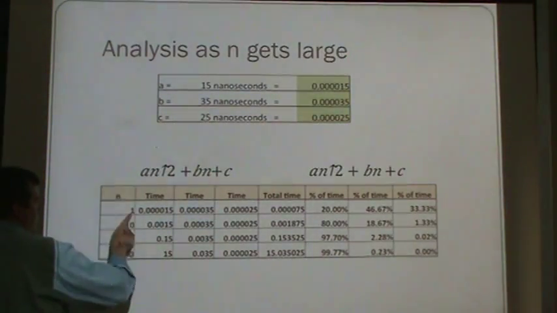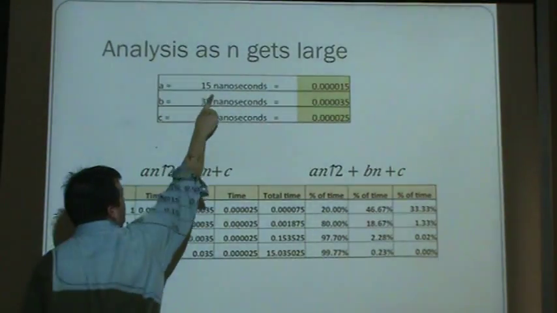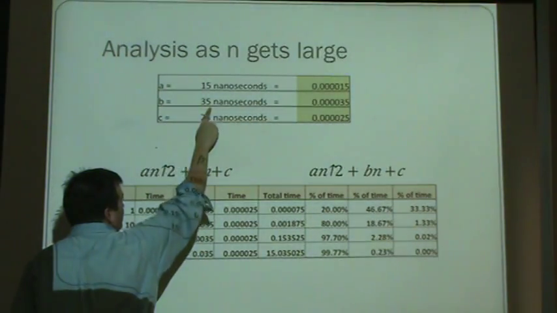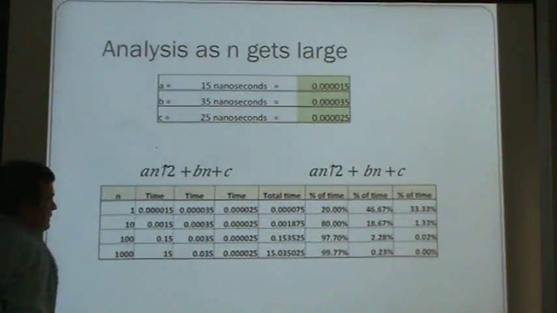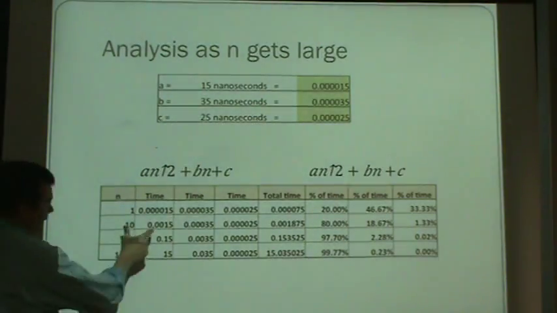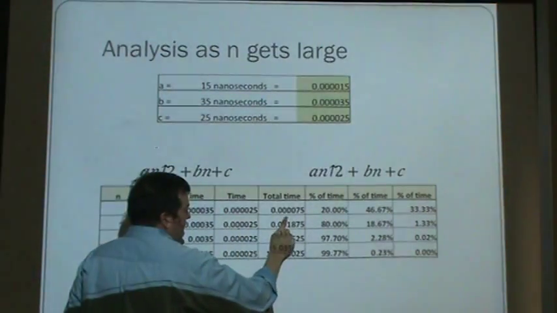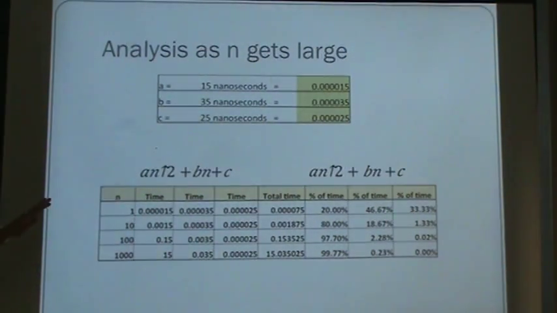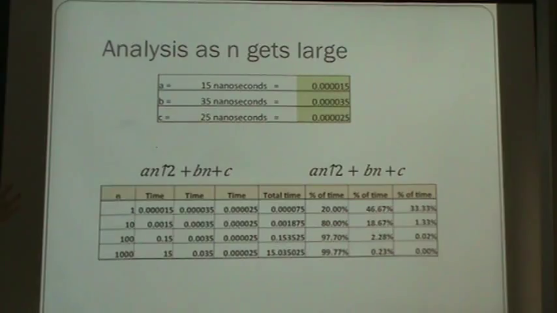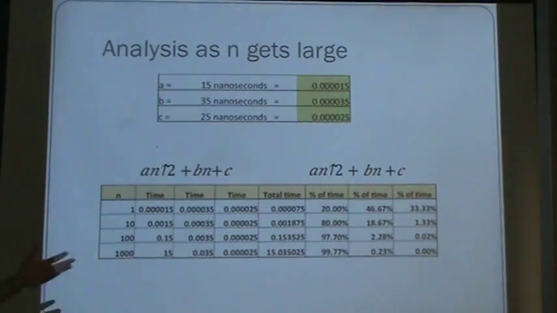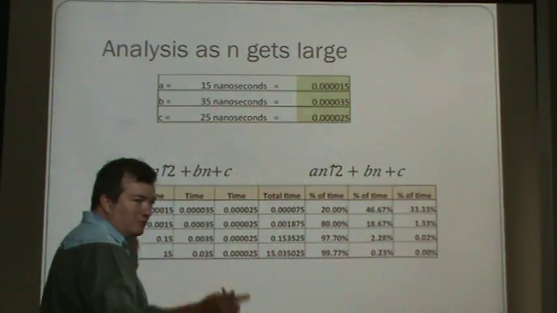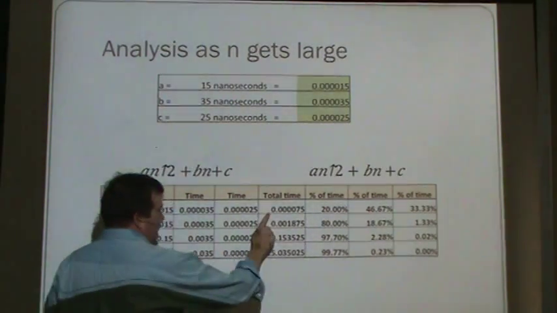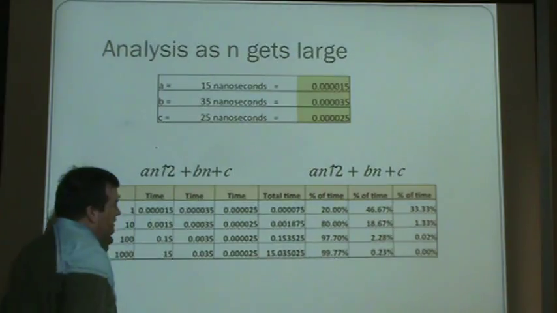Well, it would be 1 times 15 plus 1 times 35 plus 25, which would add up to 75 nanoseconds, right? If we ran your algorithm on an array of size 1, it's kind of pointless to sort an array of size 1. It's already sorted, right, as soon as it starts. But if we did that, your algorithm would take 75 nanoseconds.